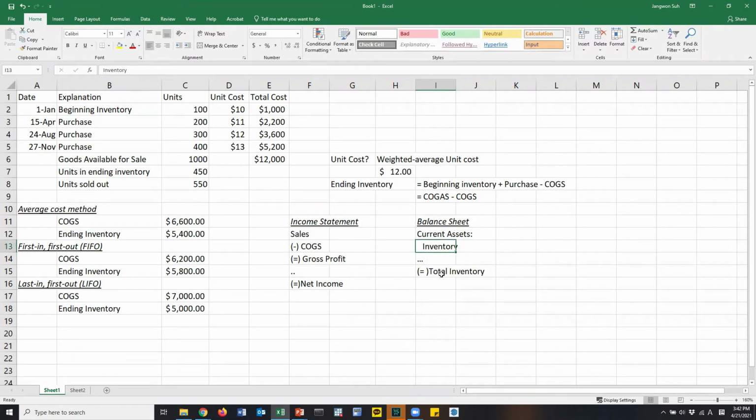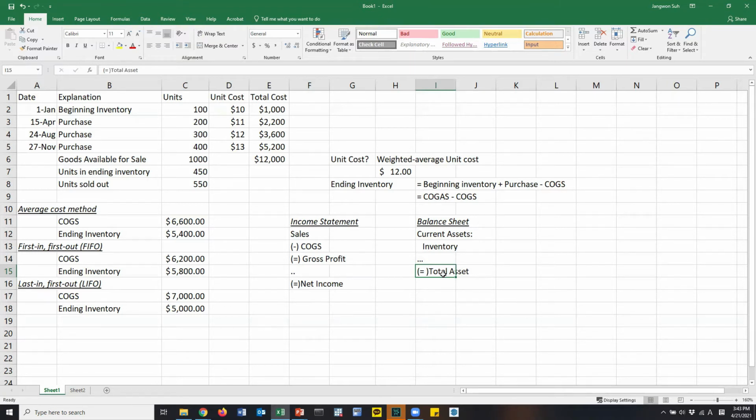Then we can say that on the LIFO, the total asset, which sums up all of the asset items, is the lowest. Again, on the LIFO, net income is the lowest and your total asset or current asset becomes the smallest compared with the other methods. Right? Then why is this so?